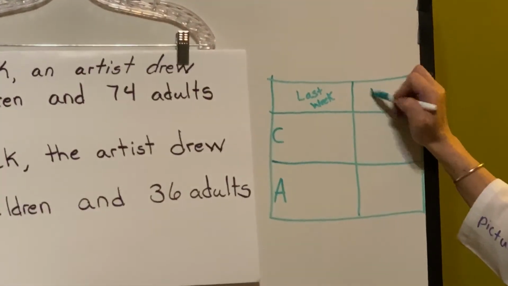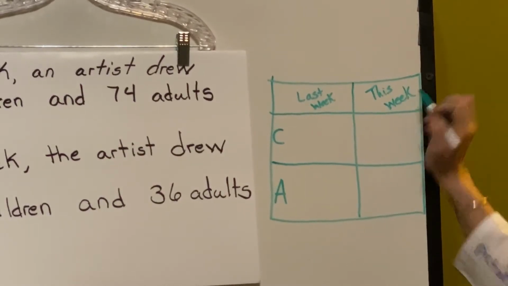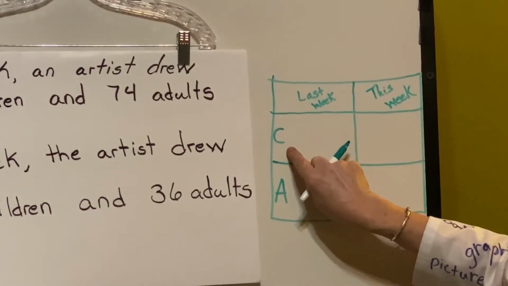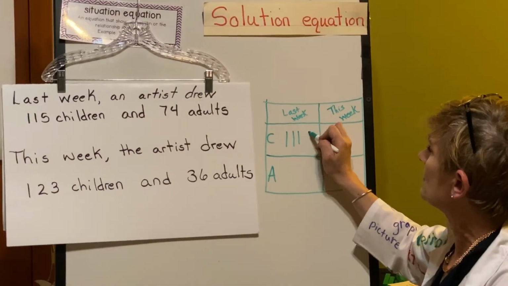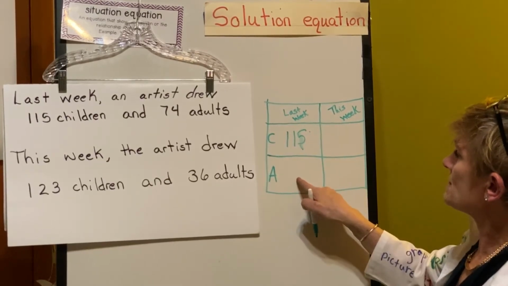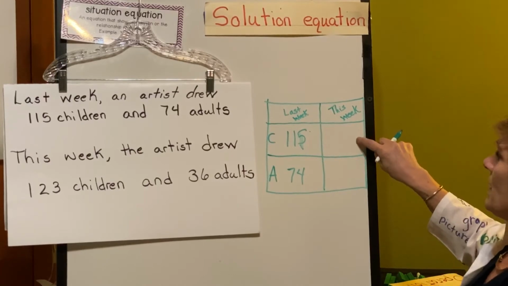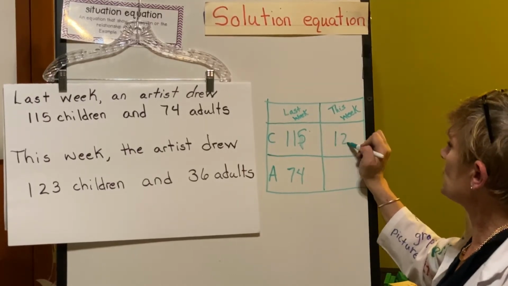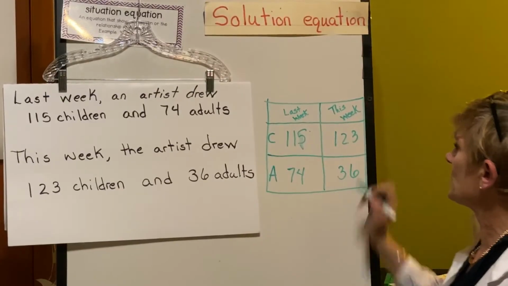And then I'm going to put this week. And then last week, the C for children, right? I'm going to put 115. And then adults were 74. And then this week, I'm going to put 123 for the children and 36 for the adults.